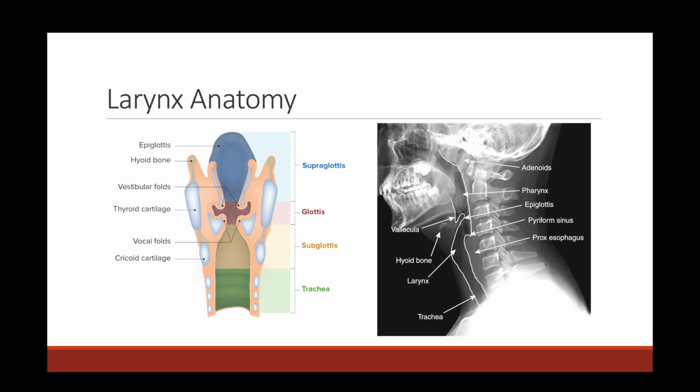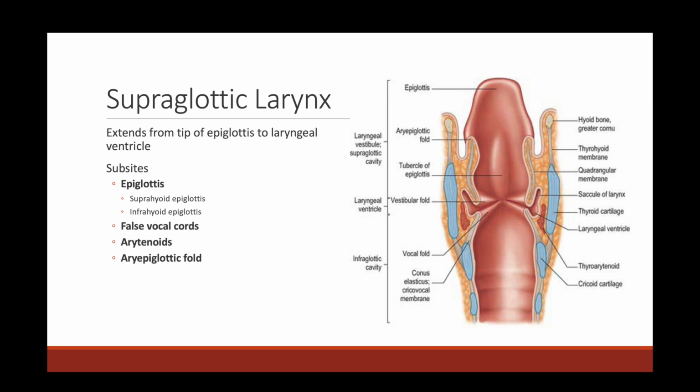So epiglottis is part of the supraglottis. The glottis is very important because it contains our vocal cords. And then inferior to that is the subglottis, which then leads into the trachea. There are 4 main subsites in the supraglottic larynx, and these are the epiglottis, the arytenoids, the aryepiglottic fold, and then the false vocal cords.